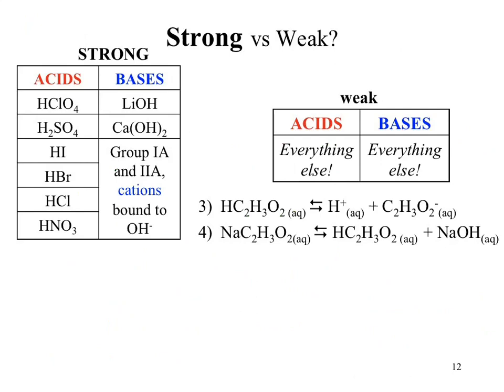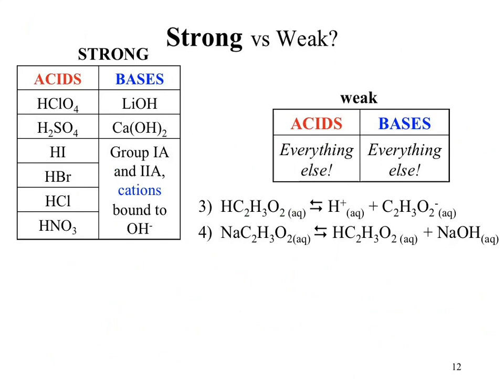Okay? If we go through and look at, I think these were question 3 and 4 when I asked you to look at your acids and bases. We've got acetic acid dissociating in water to give us H plus or H3O plus, and an acetate ion. Equation 4, I know there was a typo on the last one. I'm glad no one called me out on it.